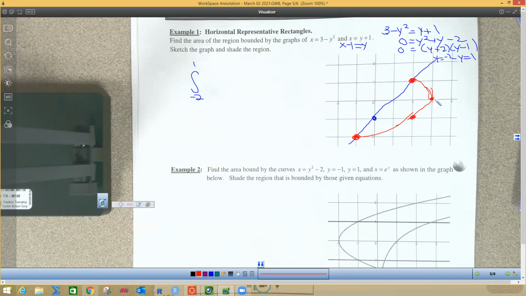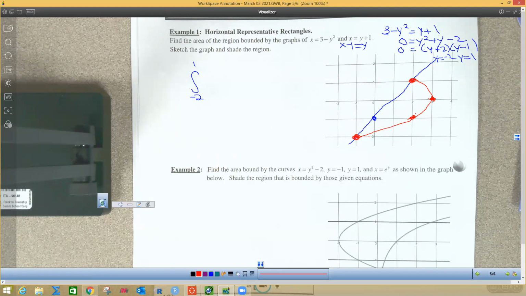This is the vertex right here. Man, that's pretty bad. I'll try to draw that better. I don't like it. It's a parabola opening to the left. Okay, now it keeps going this way and keeps going that way, but all I need is the intersecting points.